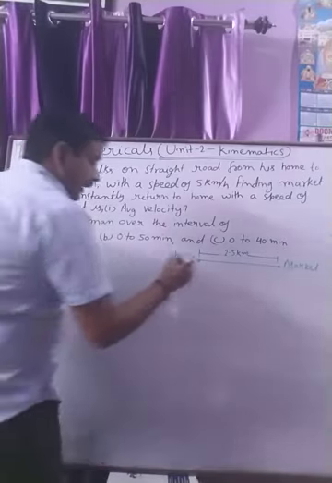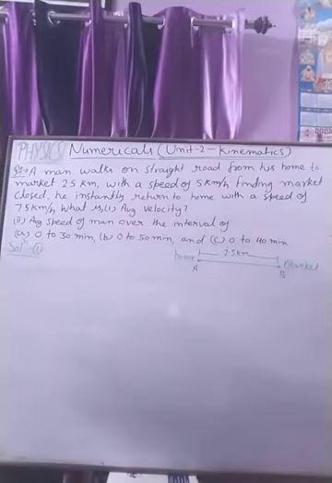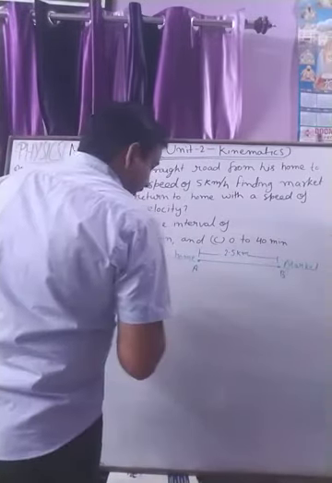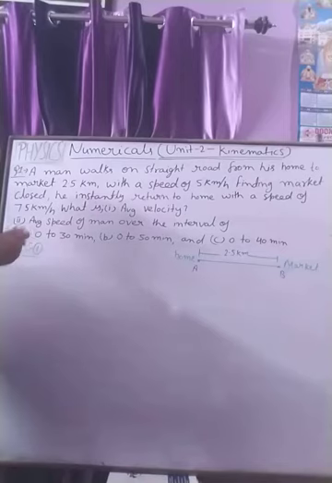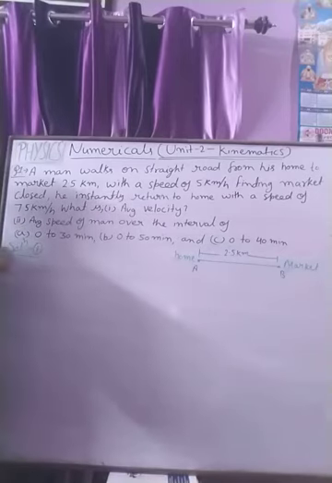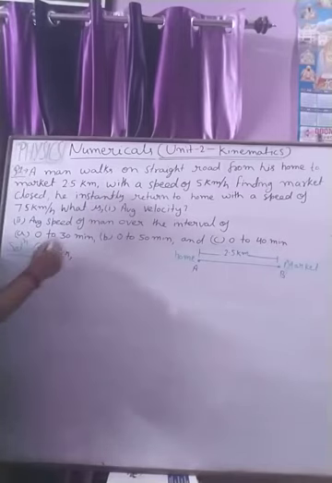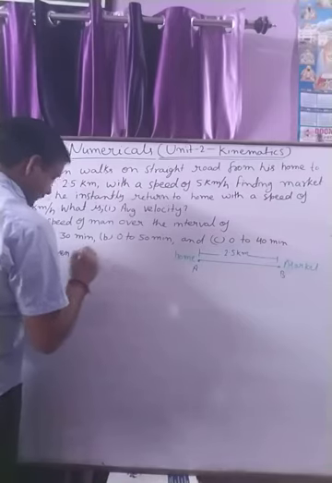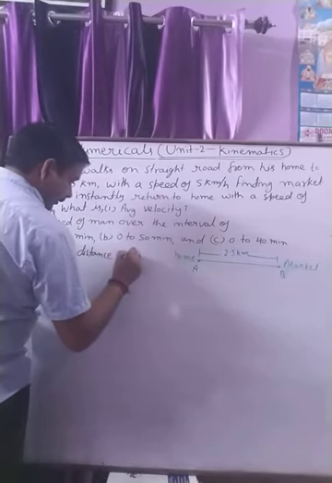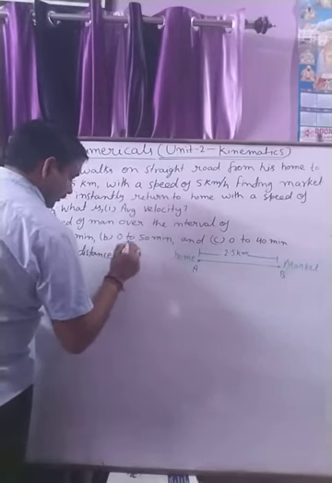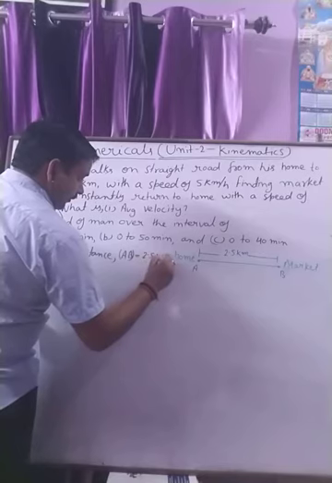Let home be at point A and market at point B. Given that the distance A to B is 2.5 kilometers.